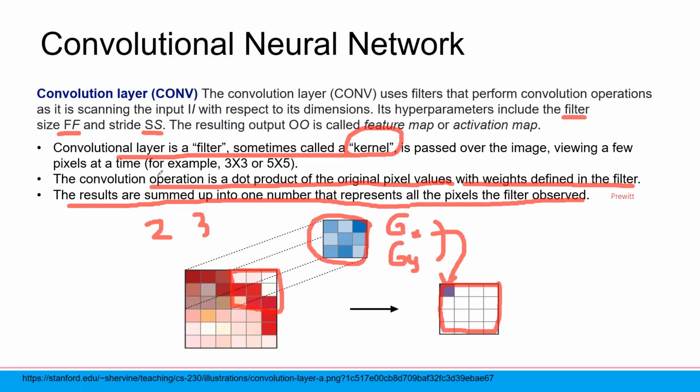The convolutional layer usually reduces the size. If we have the size as this one, 6 multiplied by 6, then it can be reduced to, for example, 4 multiplied by 4, and so on.